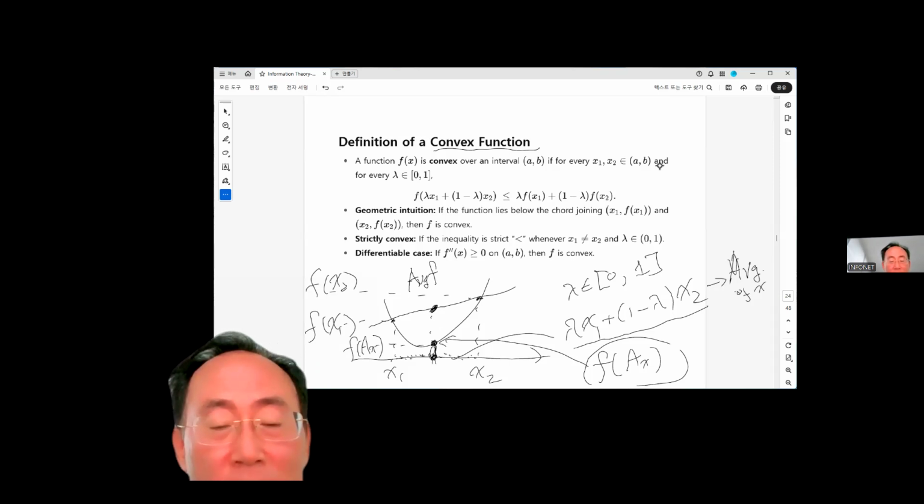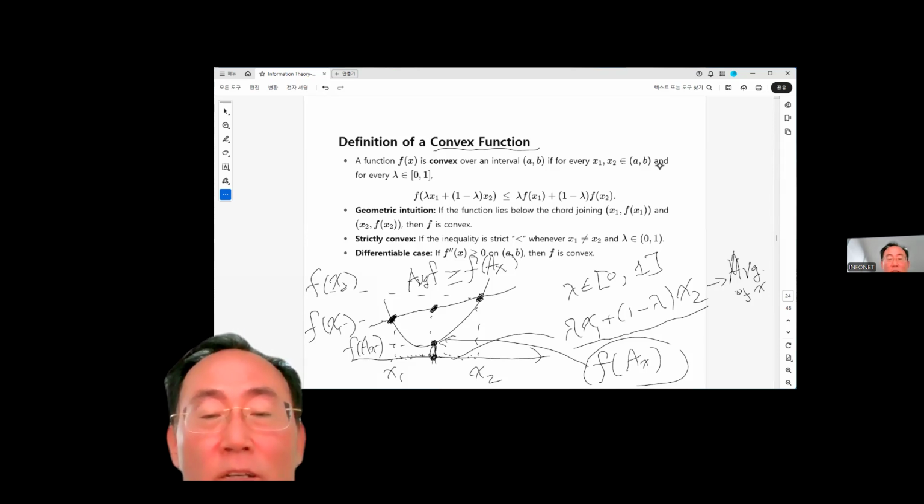And if it is convex this way, as you can see, that is always going that way, right? Or equal. Where do you have equality? Right here. When lambda is equal to 1 or minus 1, equal. Or function, convex function is defined this way.